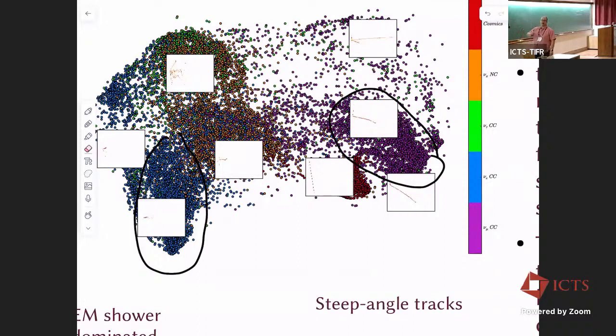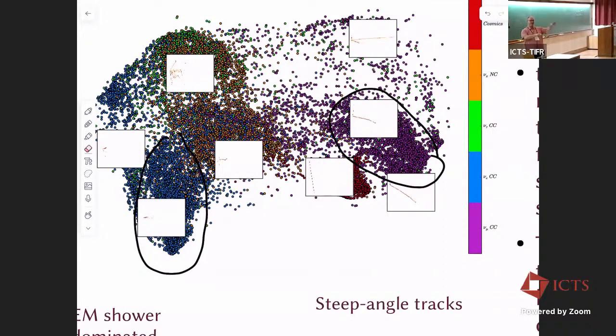And so that's the basic problem: the efficiency is very high, but the purity is not very high. You have to think about the efficiency as what fraction of the truth do I correctly select, right? So I select 90% of neutral currents, I call them neutral currents. 10% of them I call something else. But that doesn't mean that sample is 90% pure.